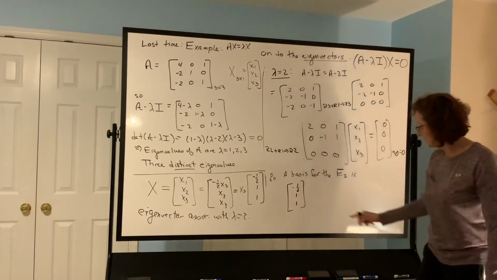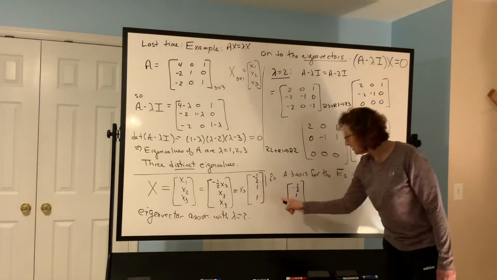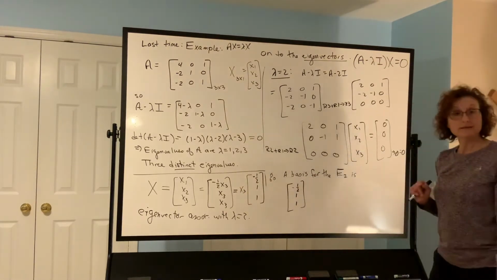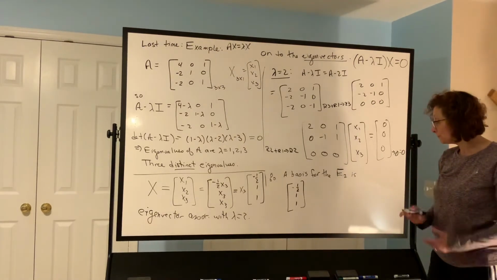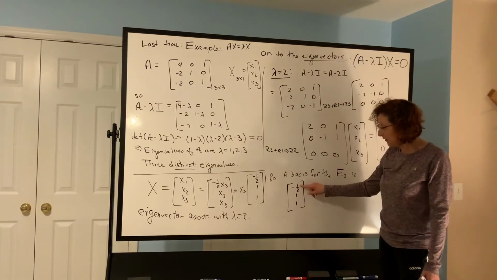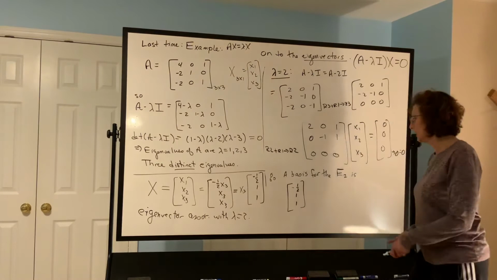Okay? That's a basis because any constant multiple of this vector will give me something that's still an eigenvector, right? So it just means that the second and third component have to be the same, and the first component has to be minus 1/2 of what those components are, right?